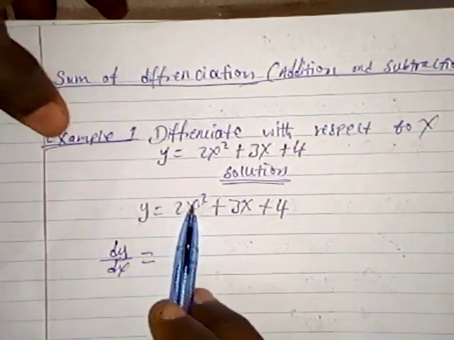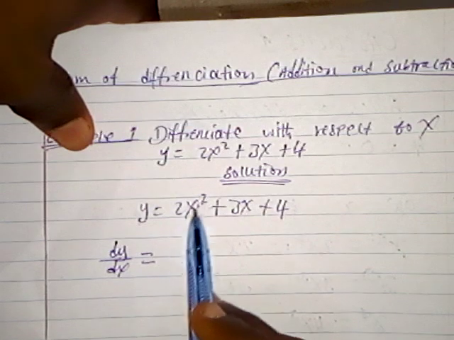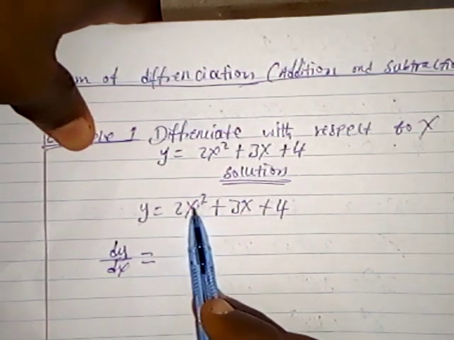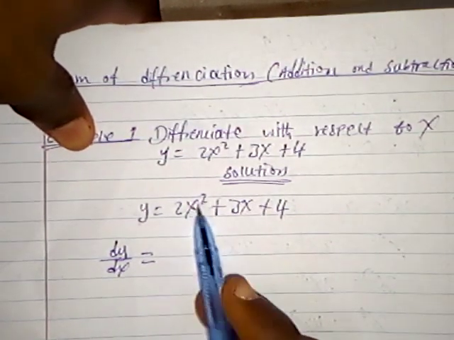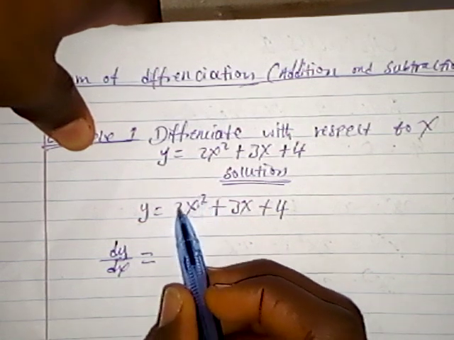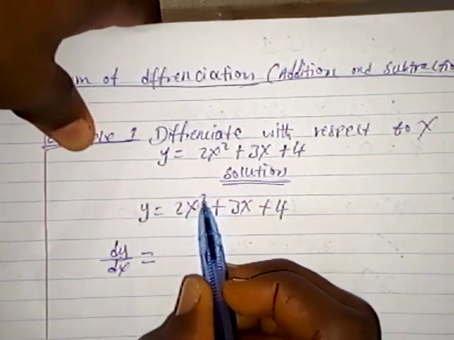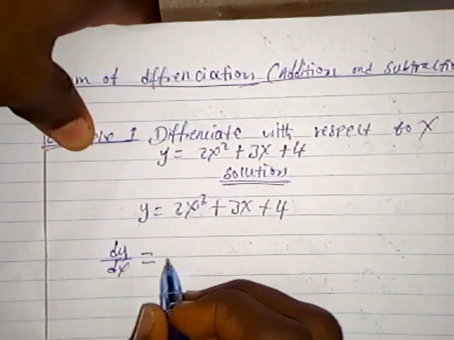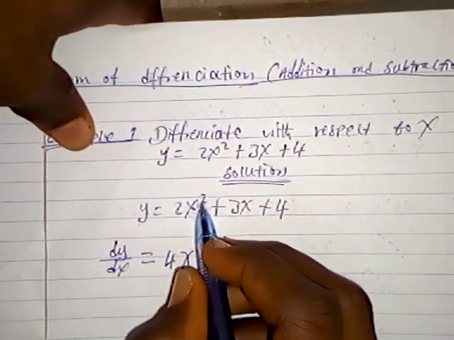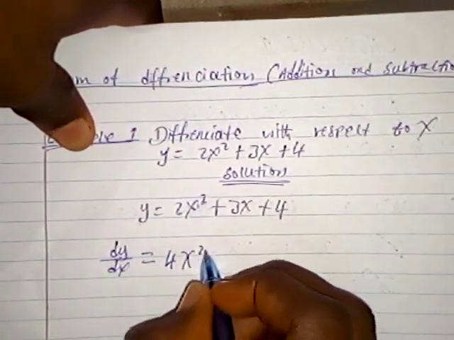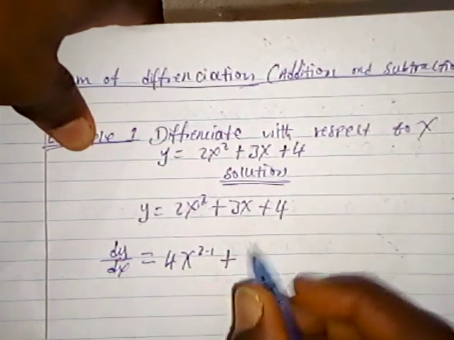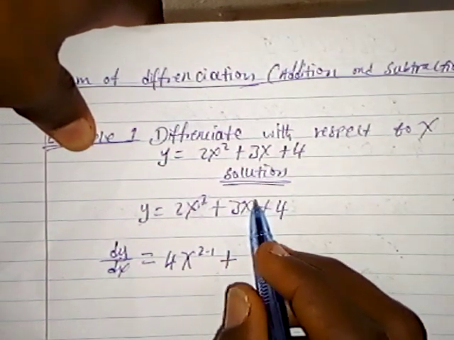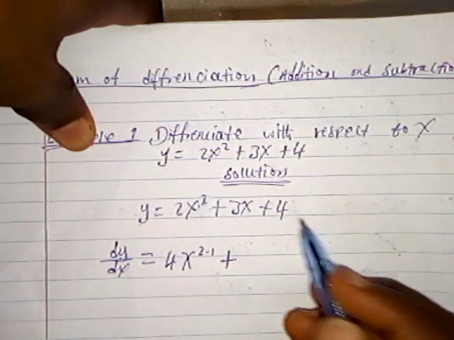Now, we apply the rule. 2x squared. What did I say? Anytime you see a coefficient, a variable, and a power, how do you differentiate it? You multiply the power and this. You see it? So here is 2, here is 2. So 2 times 2 is going to give you 4x, then from there what? We subtract 2 minus 1. You see? Plus, here, what is the power here? Differentiation of a variable and a constant is what?